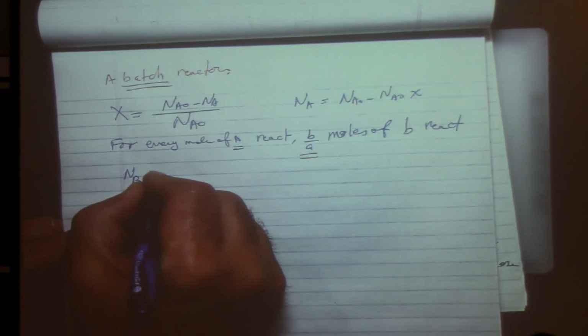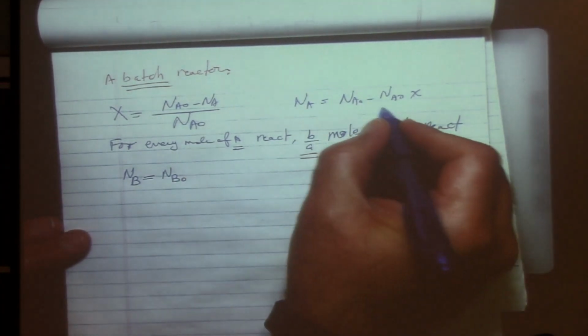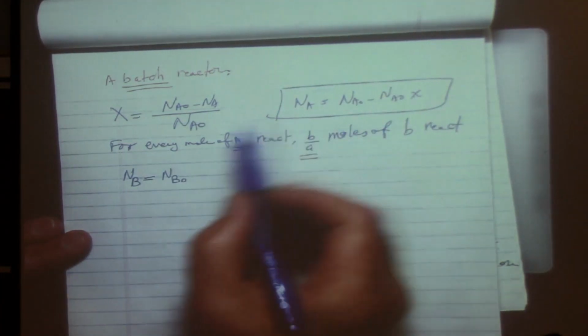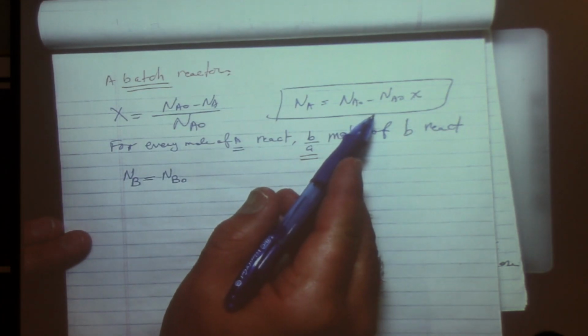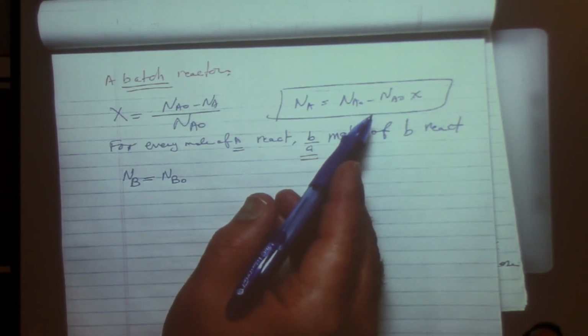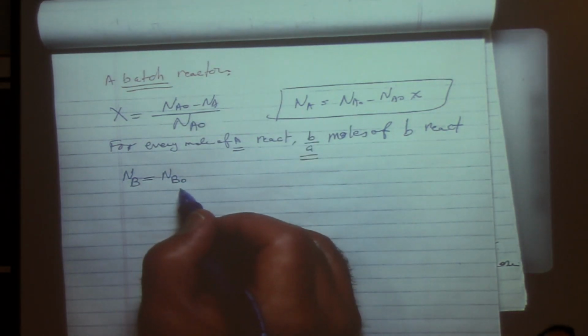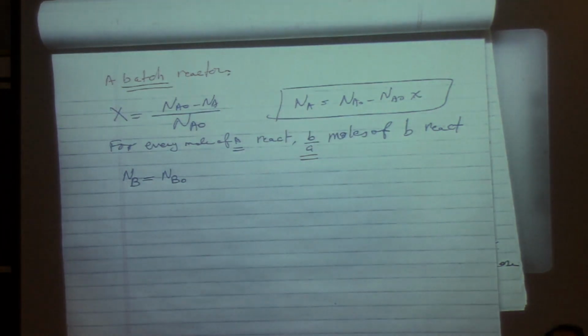NB would be NB0 minus... I'm trying to find an expression for NB and NC. Keep in mind that I'm using the conversion of A. If it was the conversion of B, it would have been NB0 minus NB0 times XB. But you don't want to have different conversions. It's very confusing. You want to have one conversion, the conversion of the limiting reactant A.